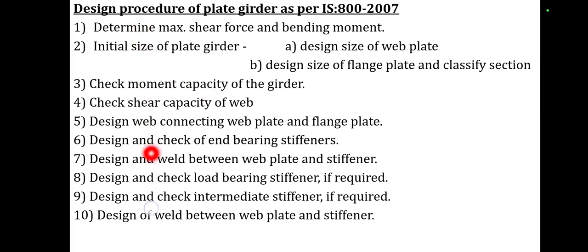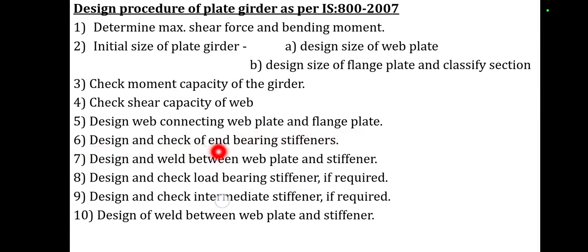Now the design procedure. The design procedure is very simple. First we have to find out the maximum shear force and the bending moment. Then the initial size of the plate girder is decided, that is the web and the flange sizes. Classification of the section is done. Then we check the moment carrying capacity of the section. Then we check the shear capacity of the web. Then we design the connection between the web plate and the flange plate.